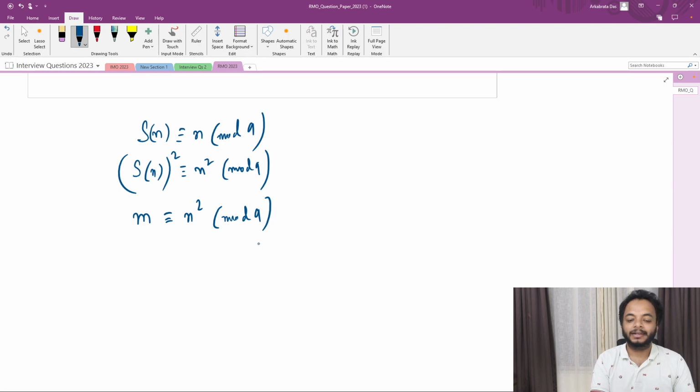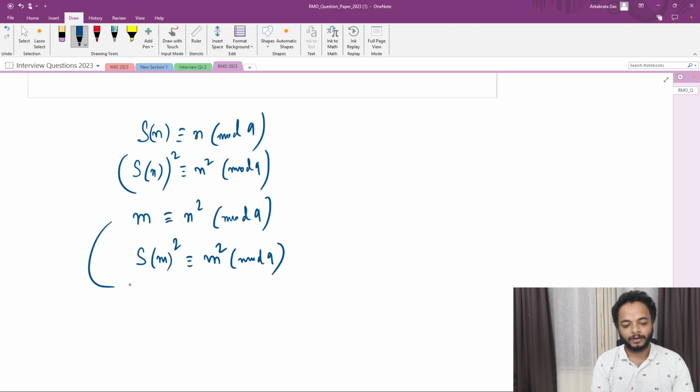Now, in a similar fashion, Sm is congruent to m modulo 9, and if we square both sides, then m square is congruent to n to the power 4 modulo 9.